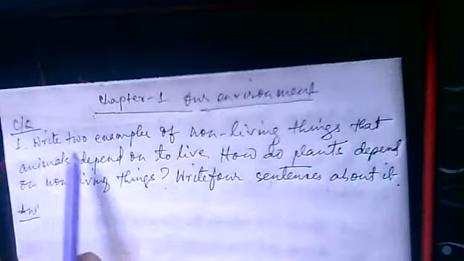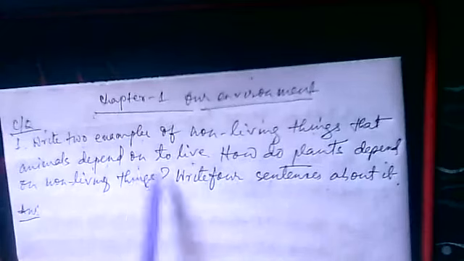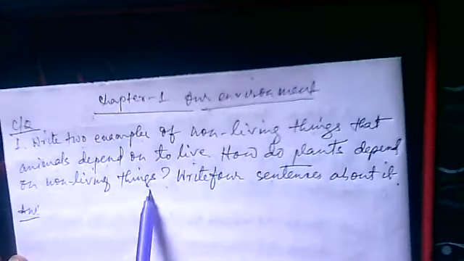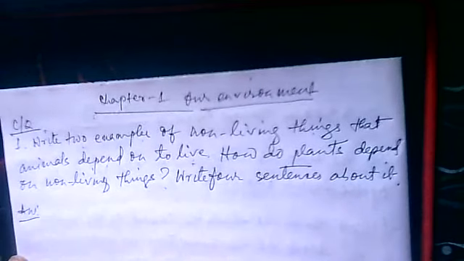So you see, write 2 examples of non-living things that animals depend on to live. How do plants depend on non-living things? Write 4 sentences about it.